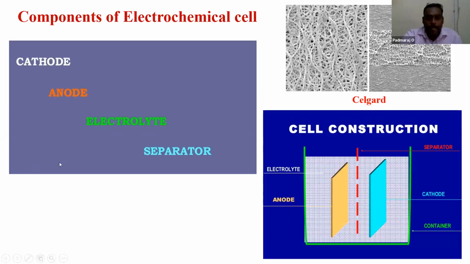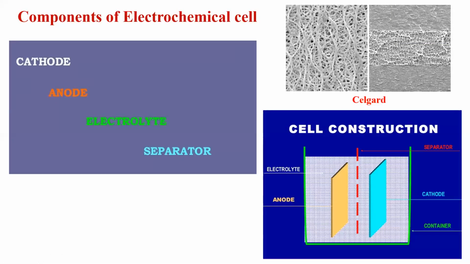Understood? Then the electrolyte. The electrolyte is a medium to transfer the ions. The oxidation reaction occurs at the anode, and the reduction reaction occurs at the cathode. So this is the cell construction here. See here, this is our container filled with the electrolyte.